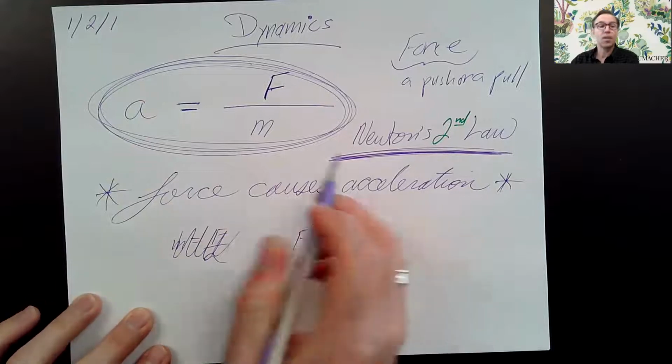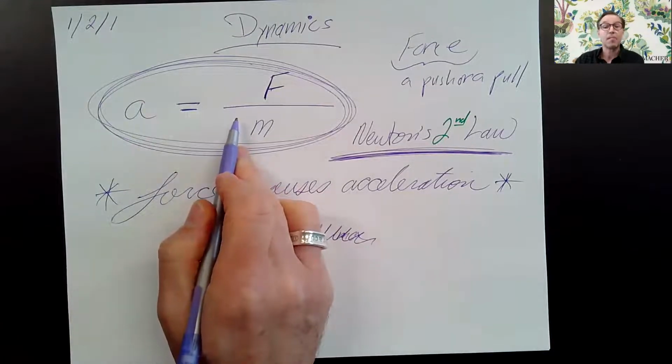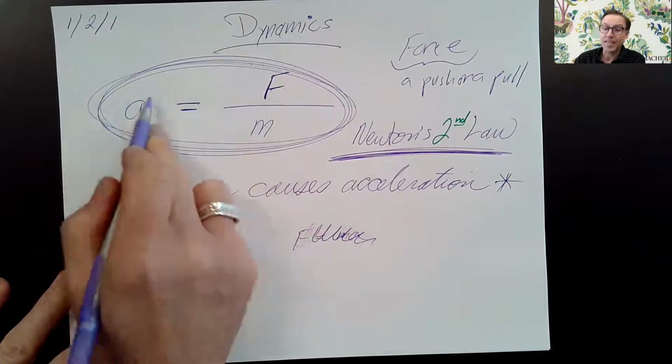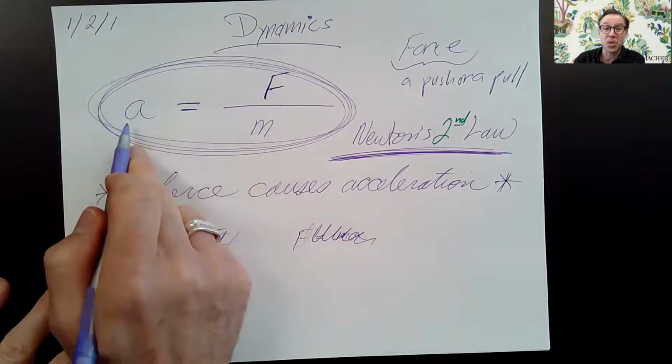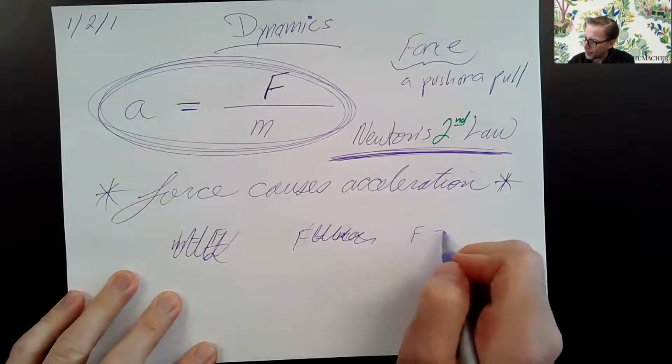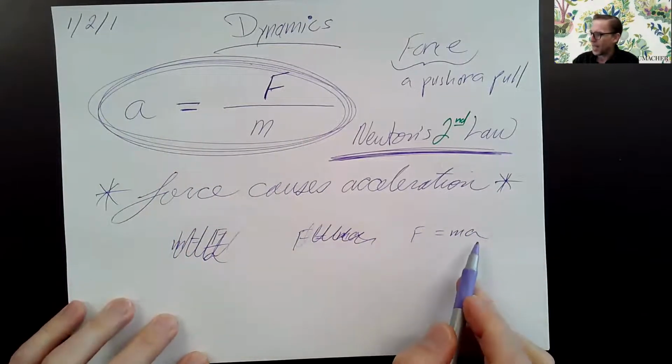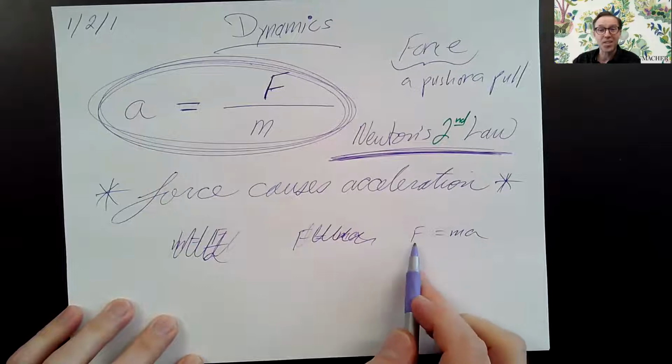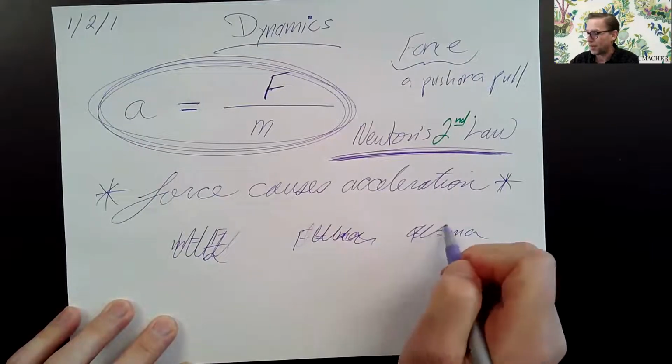for us, we're going to say A equals F over m, because it talks about acceleration being the result of force and mass. See, if I write F equals ma, it almost seems like A or m are causing the force. And that's not what I want to say.